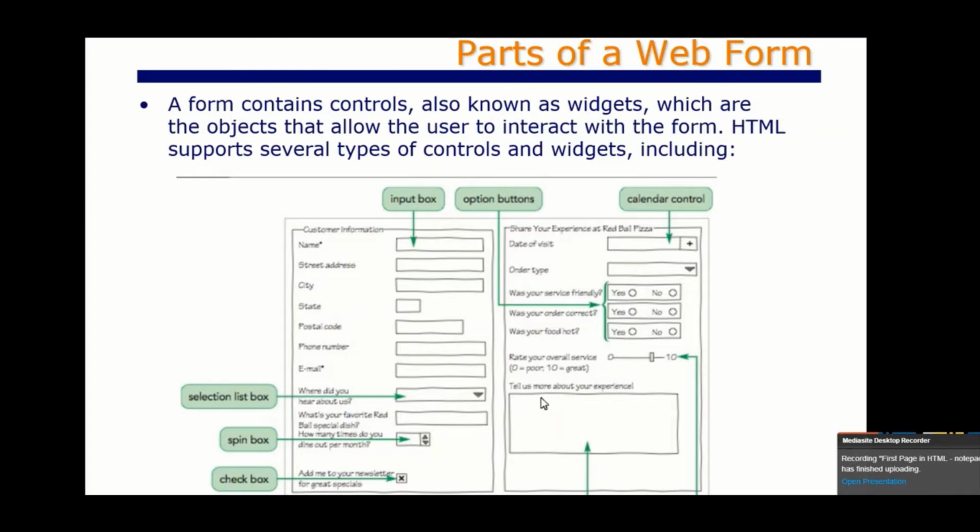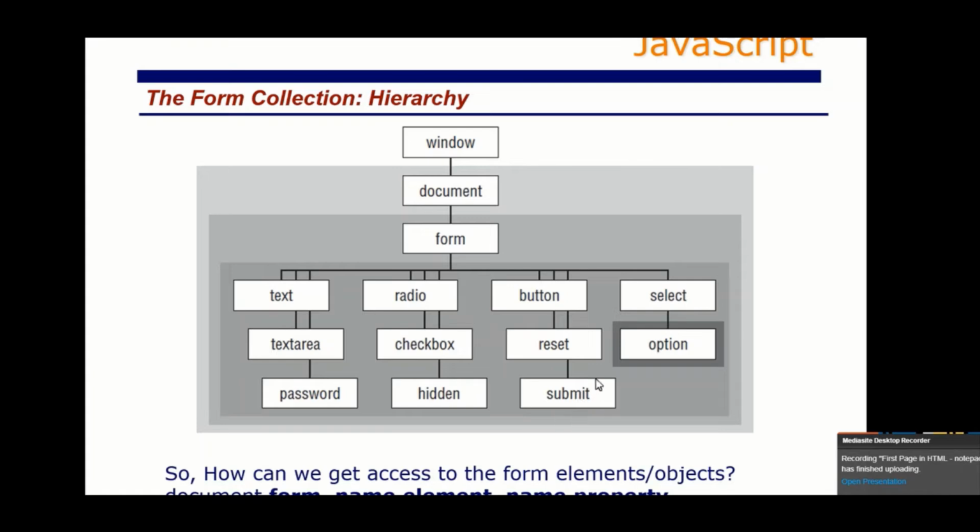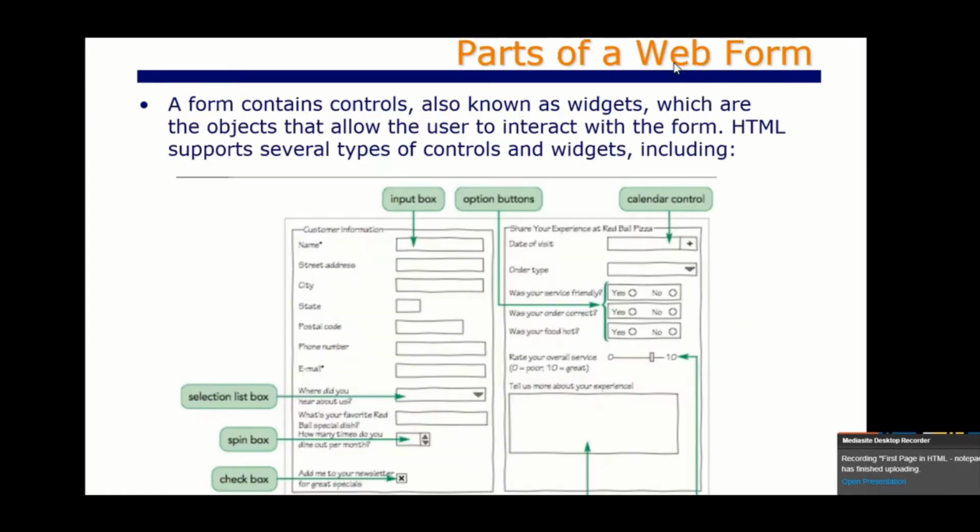So if you want to allow the user to write multiple lines, several lines, you can use a text area. But if you need just a box to allow the user to enter the name, street, city, state, you can use just regular input boxes. This is input boxes, and this is a text area.